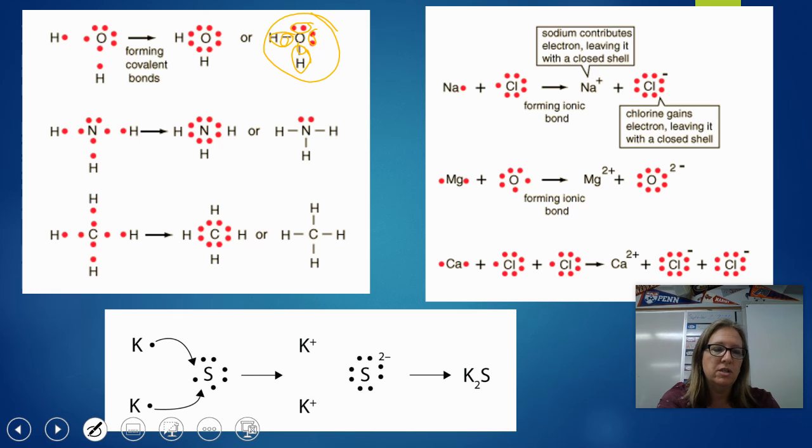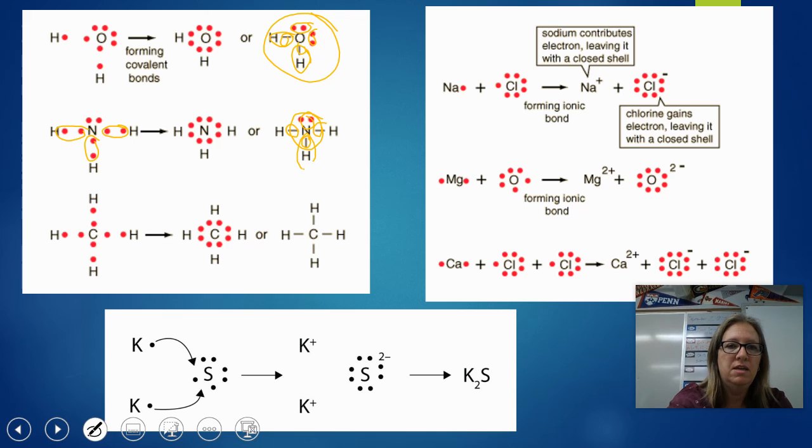The nitrogen and the 3 hydrogen there, that's ammonia. Nitrogen has 5 valence electrons. It needs 3 more. Each hydrogen has 1 valence electron. It needs 1 more. And so they are going to share those, okay? And so this 2, 4, 6, 8 gives nitrogen what it needs.